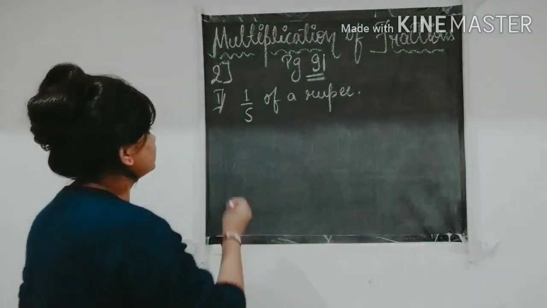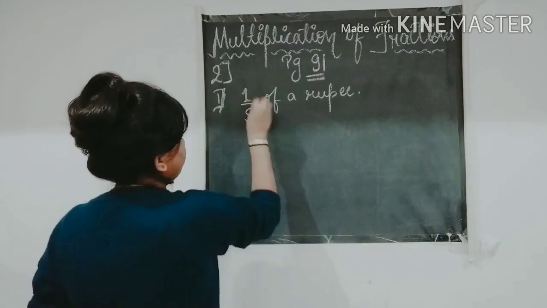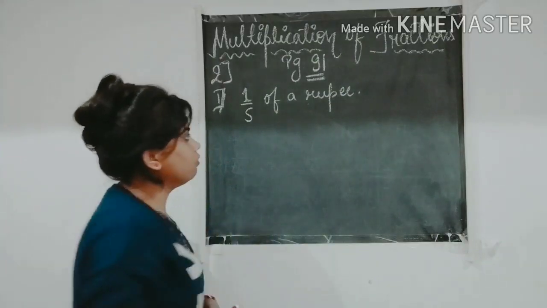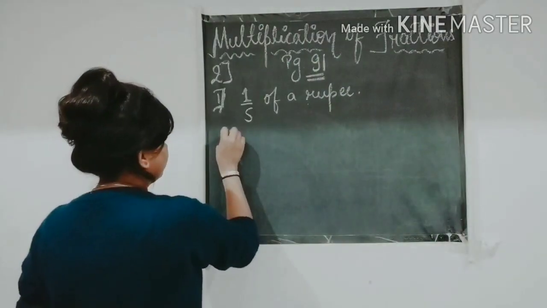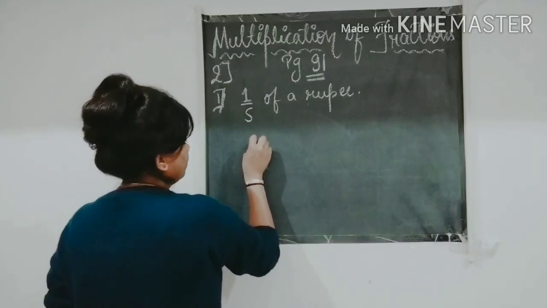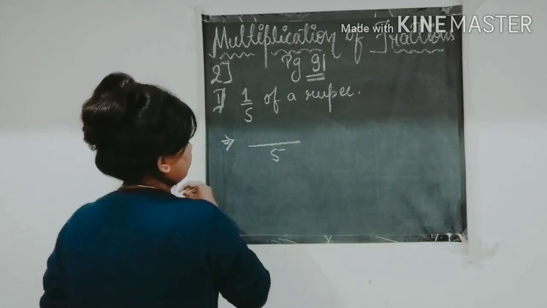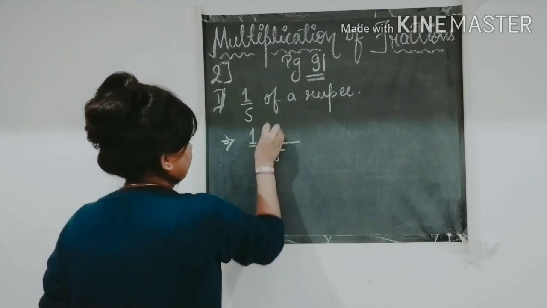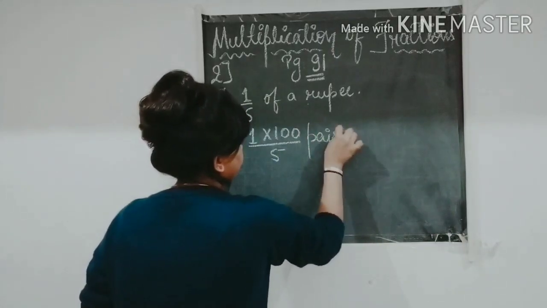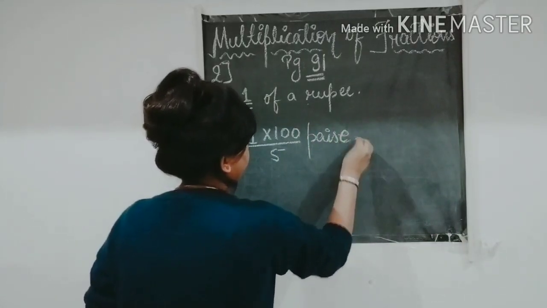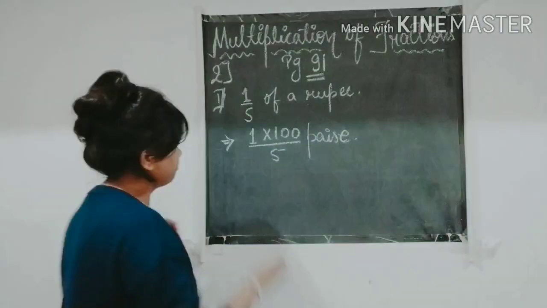Your next question is to multiply in this form of a fraction. 1 by 5 of a rupee. As you know, 1 rupee is equal to 100 paise. So how will you solve this question? You will write 5 as a denominator and 1 multiplied by 100 paise, because 1 rupee is equal to 100 paise.